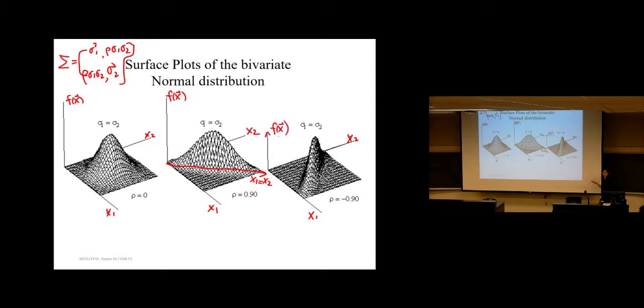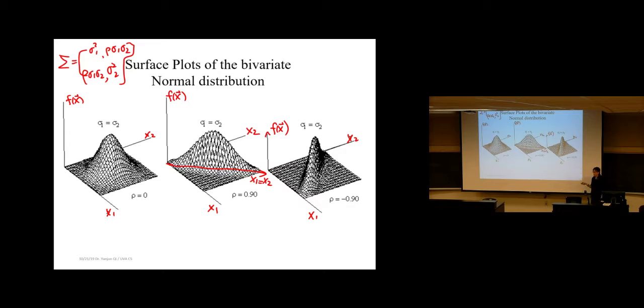And you can make other similar changes, the inverse, where you make rho minus 0.9. Now what would you get? What you're going to get is not x1 equals x2, the bell is stretched all over this line in the middle, right?